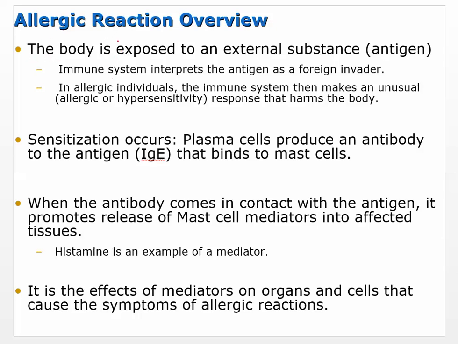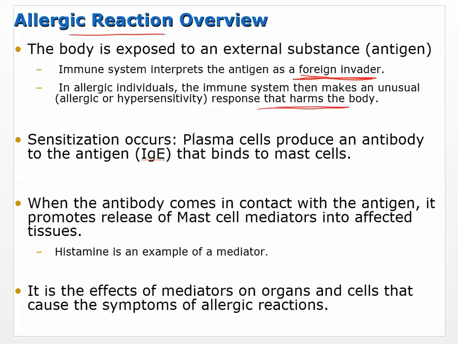Okay, so overview of the allergic reaction. The body is exposed to an external substance like an antigen, and the immune system interprets the antigen as a foreign invader. Okay, it's not. It might be, but the immune system is, like I said, hypersensitive. So in allergic individuals, the immune system makes an unusual or hypersensitive response that harms the body.